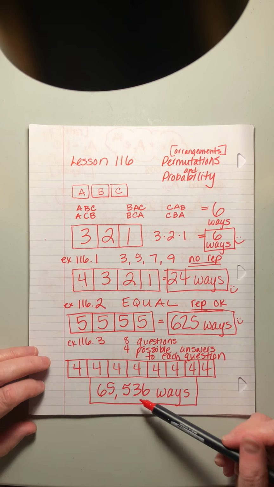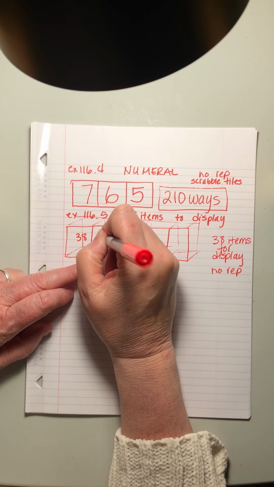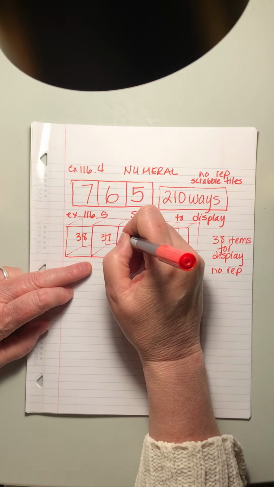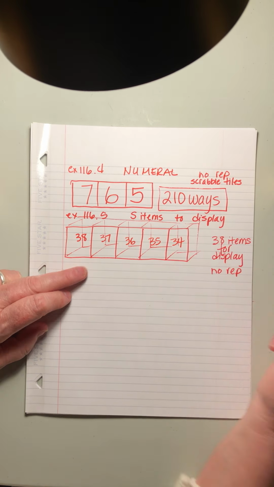So when we go to fill in the first box, we have 38 choices for what to put in there. This multiplication is going to be a monster, isn't it? When we go to choose the second box, we've used up one of them, but we still have 37. Then we'll have 36 and 35 and 34.